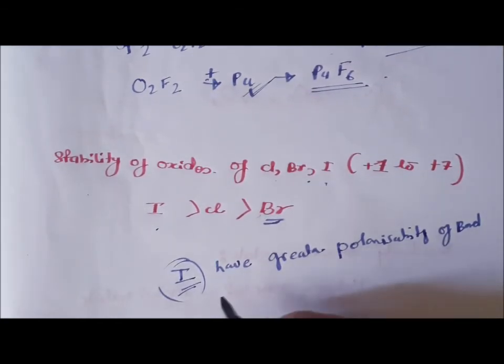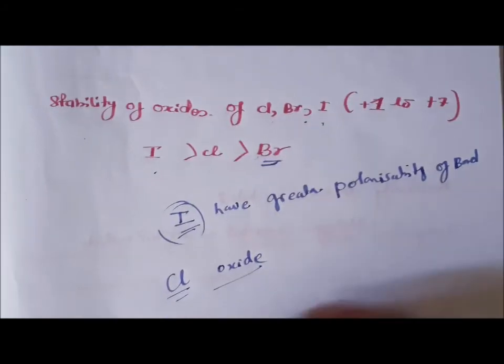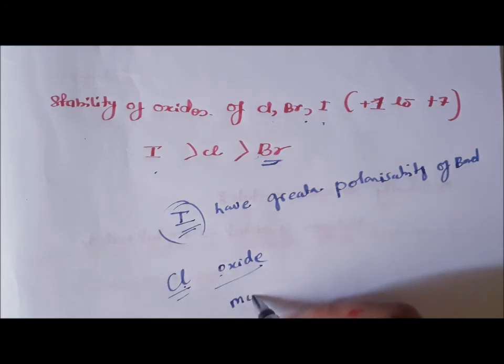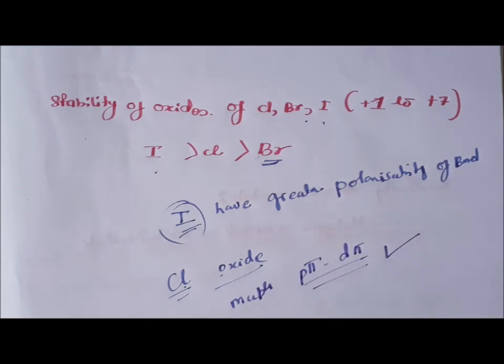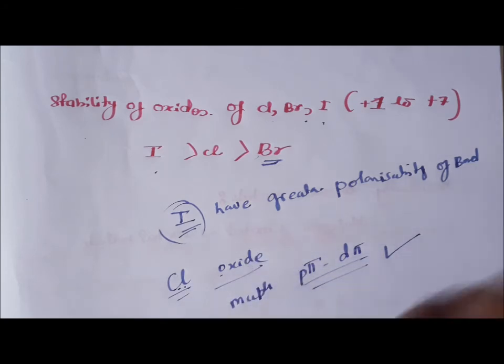Next is chlorine. Why is the oxide of chlorine stable? Now chlorine and oxygen can form multiple bonds. They can form multiple p pi d pi bonds. So because of this reason, the oxide of chlorine is stable.